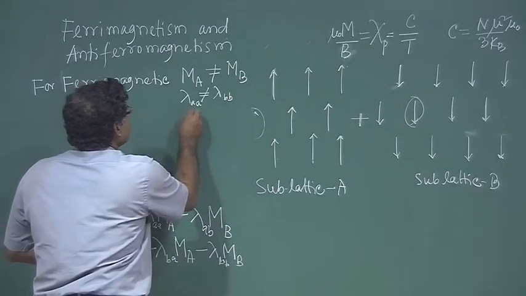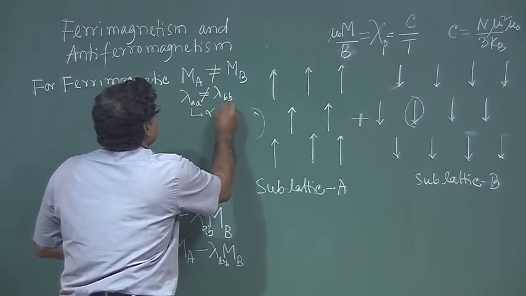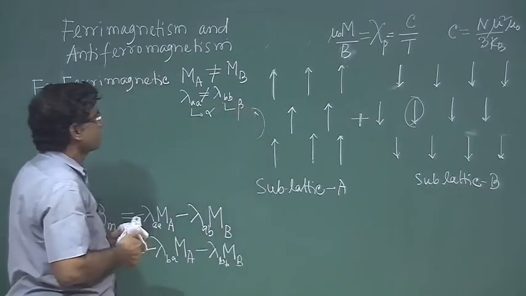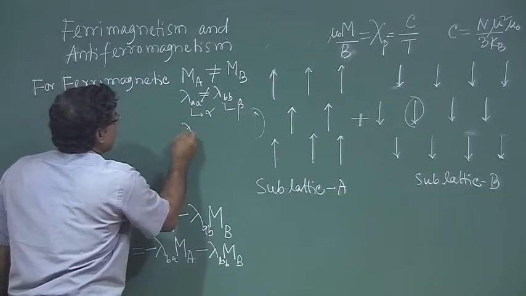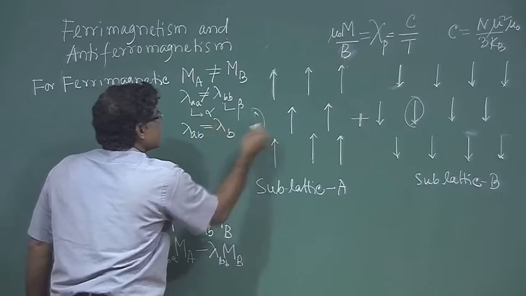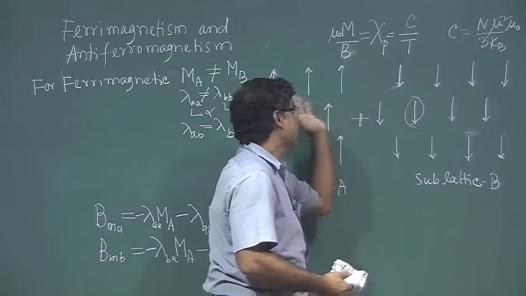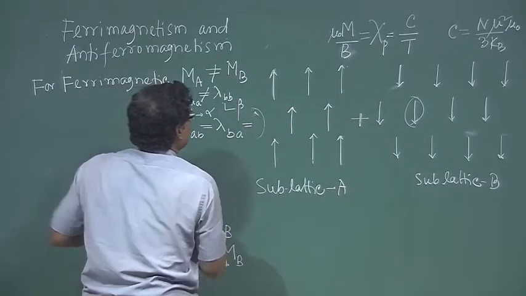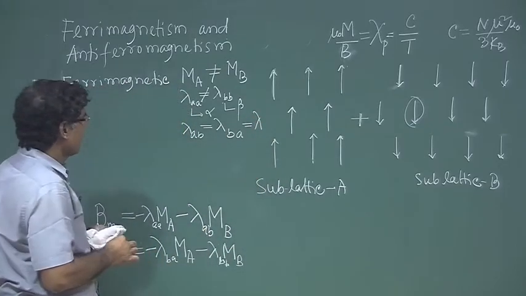So, this say I am writing lambda A A is alpha and lambda B B is beta, okay. And lambda A B will be equal to the lambda B A, because this is the interaction. So, this they will be same. So, this I am writing lambda, okay.